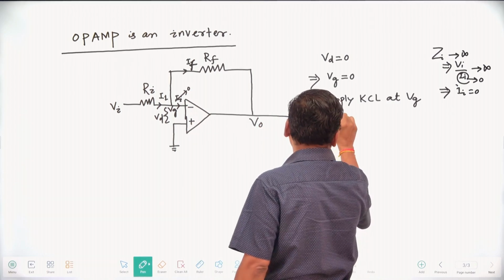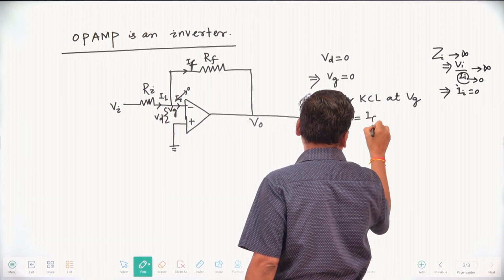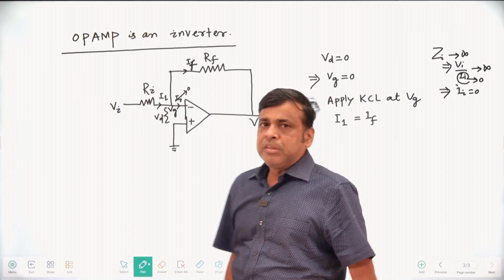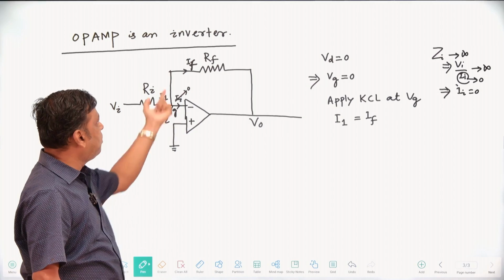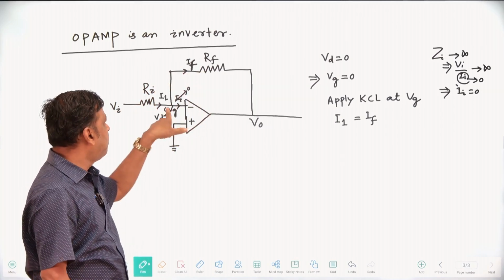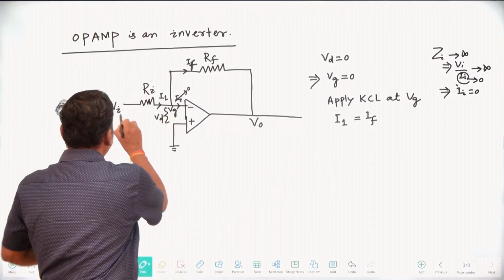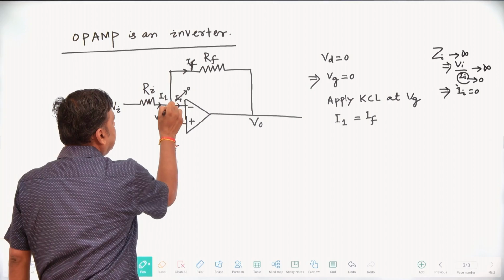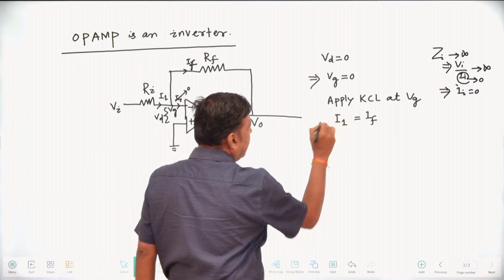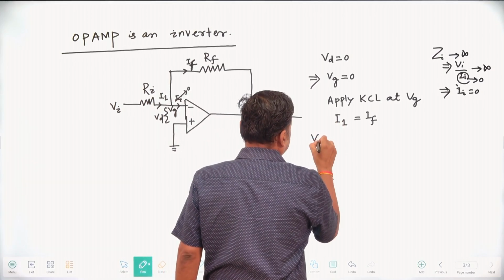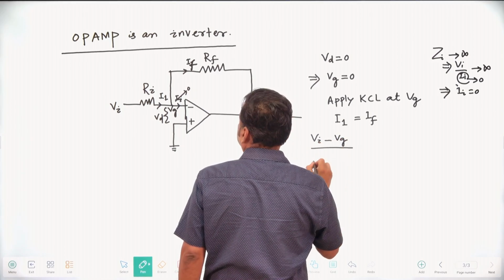So I1 equals IF. Applying Kirchhoff's current law at this node, incoming current equals outgoing current. What is I1? Current equals voltage by resistance. One voltage is Vi, another voltage is Vg, so I1 equals Vi minus Vg by Ri.